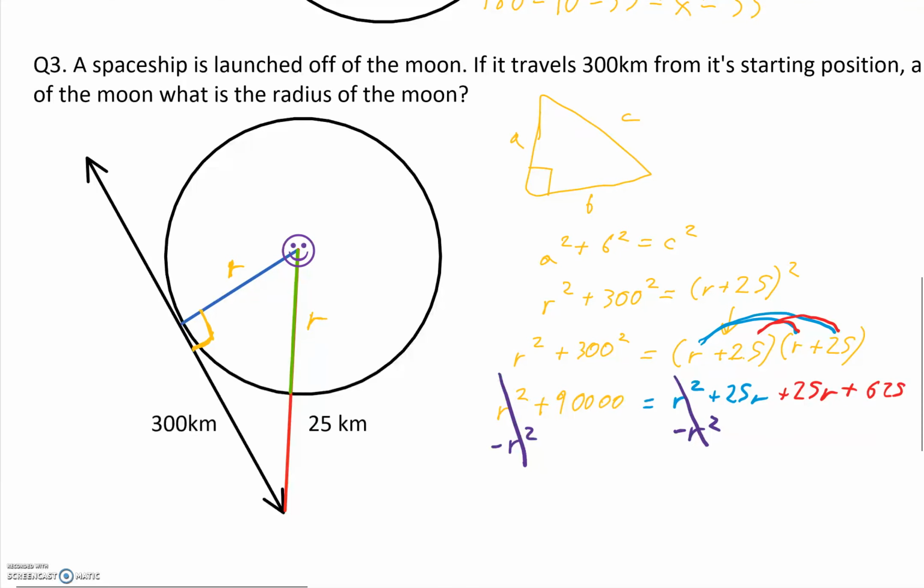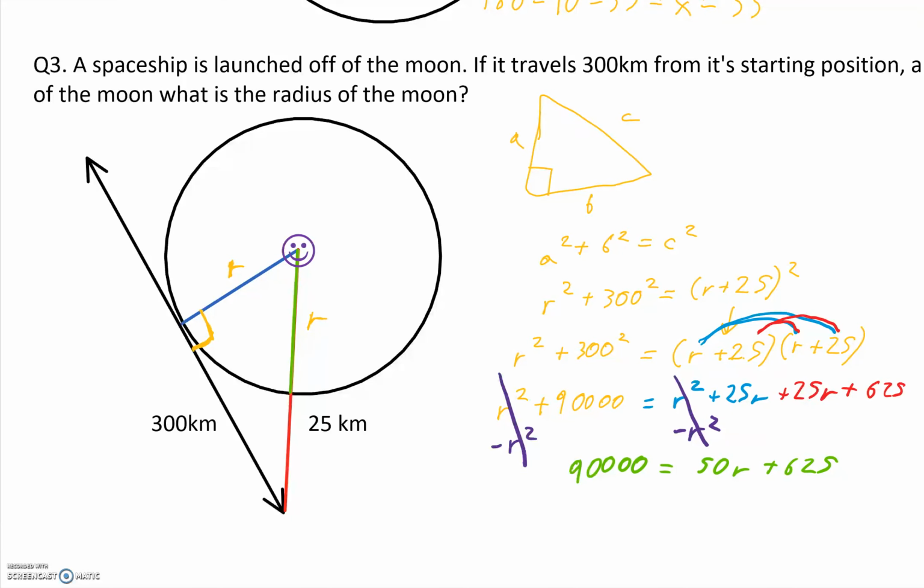So let's stick with the simple math here. Let's choose a new color. This here equals 50r plus 625. From here, it should become obvious. Okay, these other steps are high level grade 9, but this is where it starts becoming quite obvious.